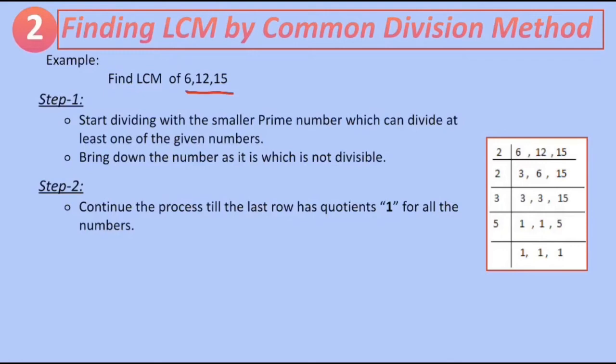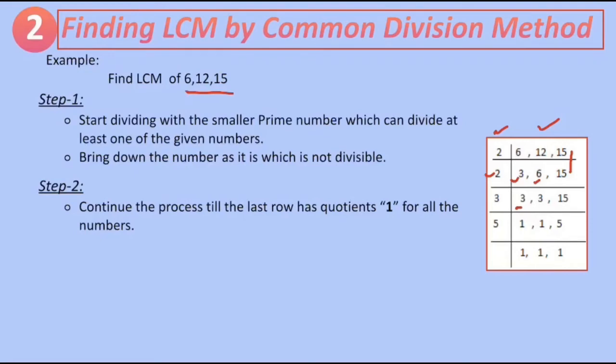So here we have taken 6, 12, 15. 6 and 12 are divisible by 2. 6 by 2 gives 3. 12 by 2 gives 6. And 15 is not divisible by 2, so we will write it down. Now 3, 6, 15, we will start dividing with the smallest prime number 2. 3 is not divisible by 2, so write it as 3.